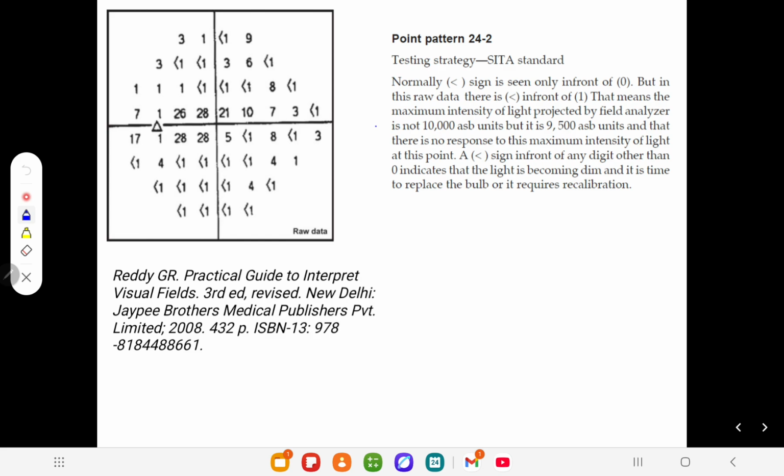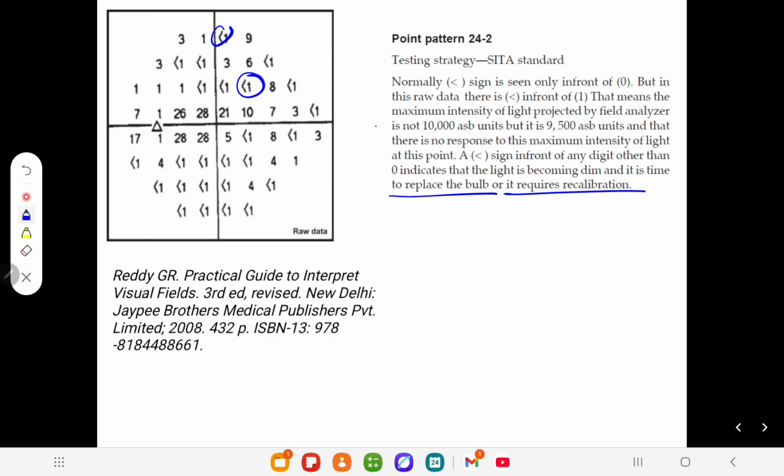And what you see here is extremely bad, isn't it? And that's what I told you: greater than 1 means you come to know that the bulb is not doing well and it's time to replace the bulb. The bulb is dim and it's time to replace it, or it requires recalibration. Sometimes you see greater than 1, and that is not at all good.